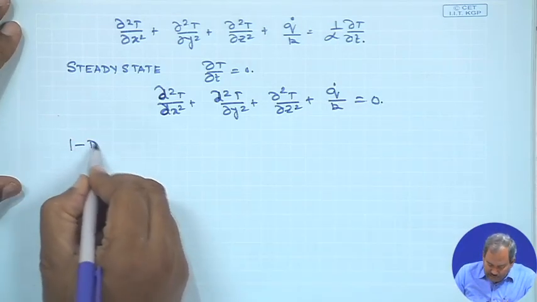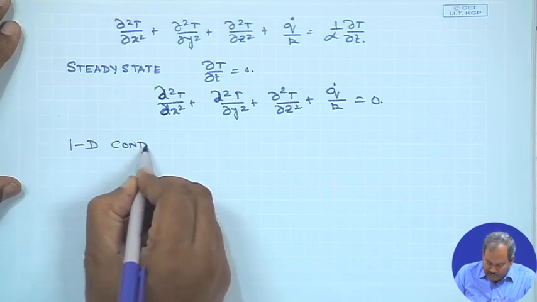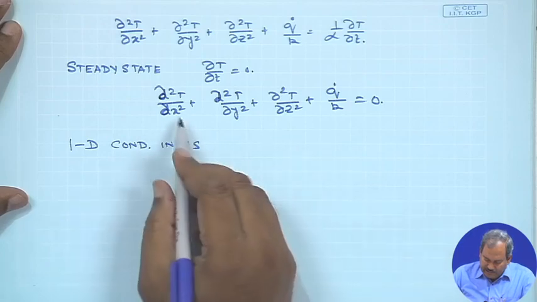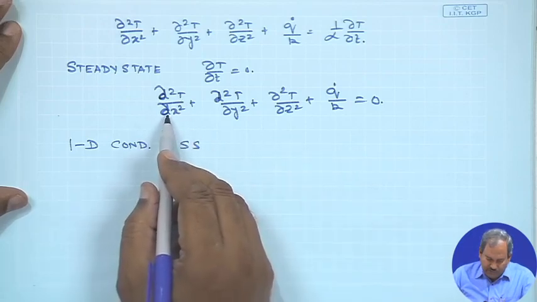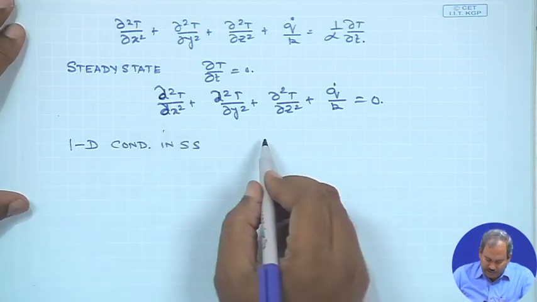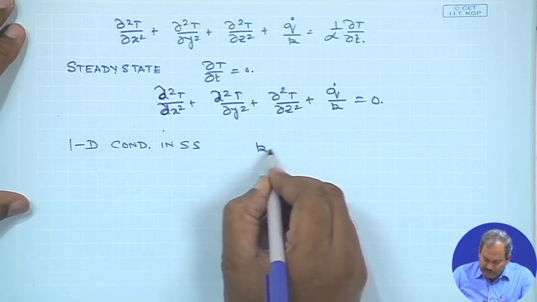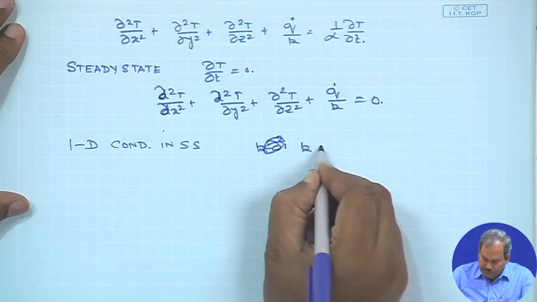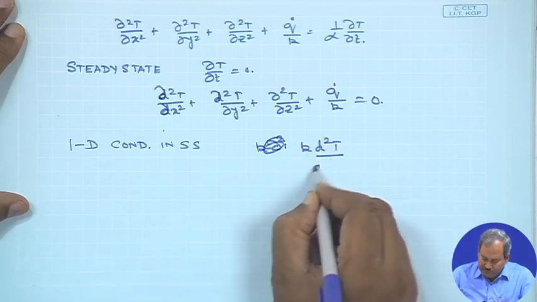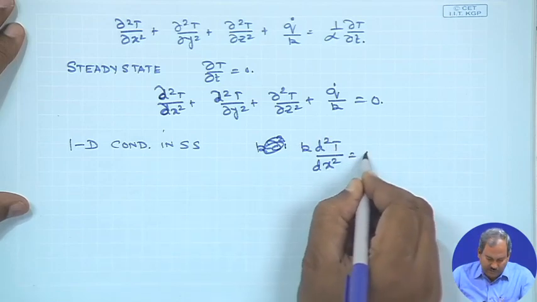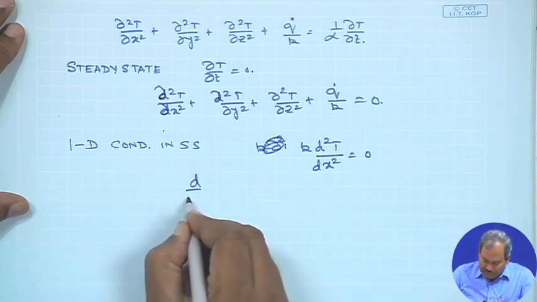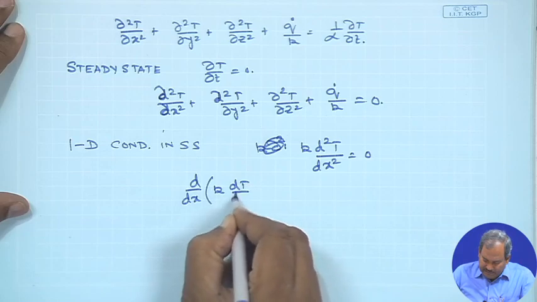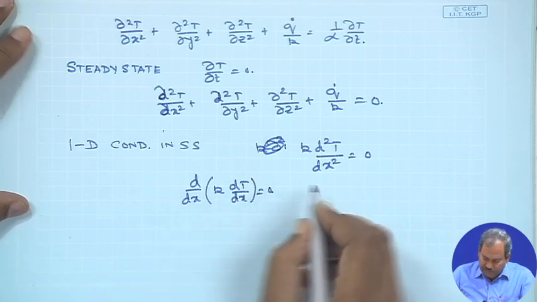If it's 1D conduction in steady state, and the heat is only getting transported in the x direction, then there is no reason for writing it in partial form: k d2T dx square is equal to 0, or you can also write it as d dx of k dT dx is 0.